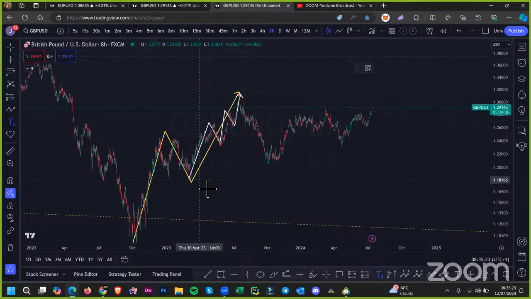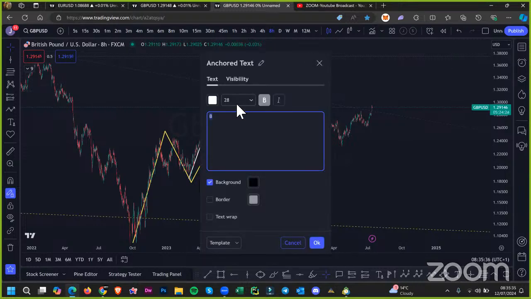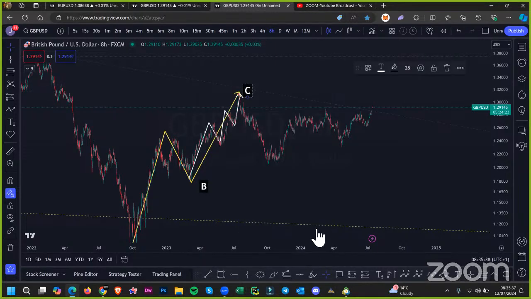I'm going to put a letter in here, B, and a letter in here, C. So at the moment we are trading within B and C. All this energy is within this point and this point.